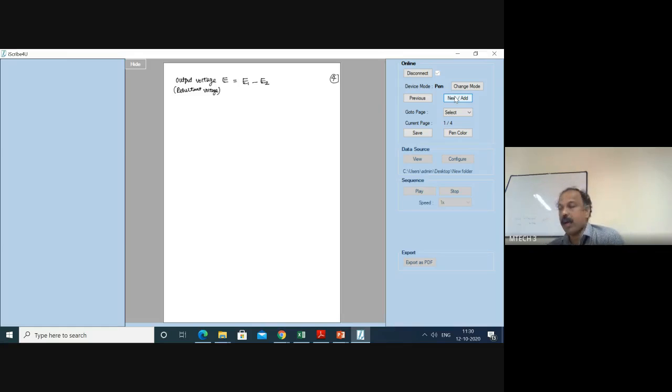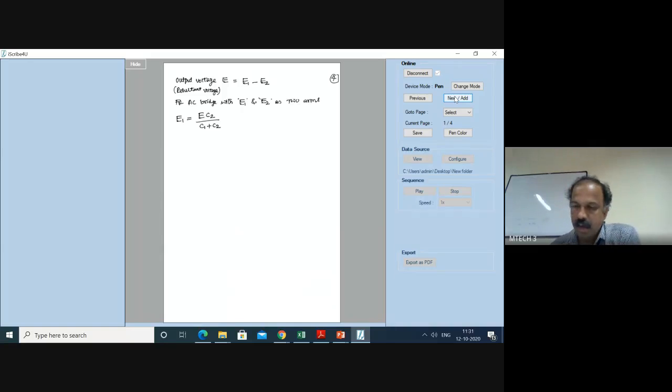Now we'll calculate what E1 and E2 are. For the AC bridge with E1 and E2 as two arms, E1 will be equal to E into C2 divided by C1 plus C2. So this is the equation.